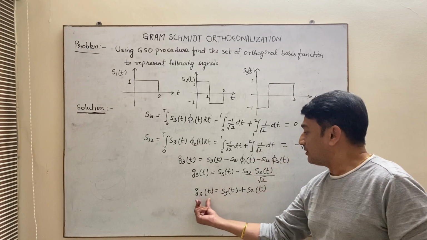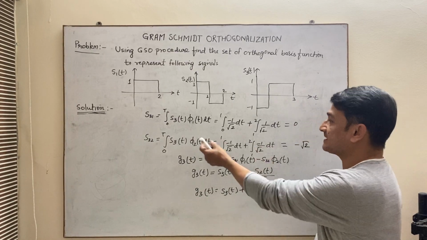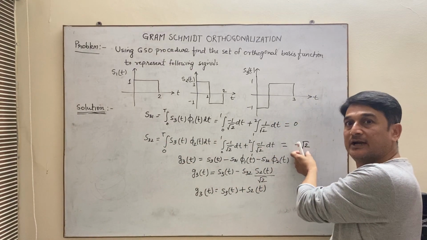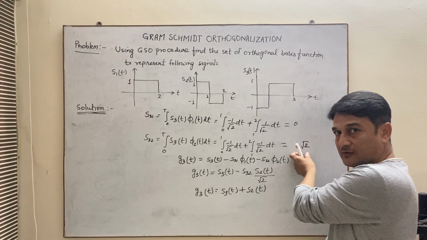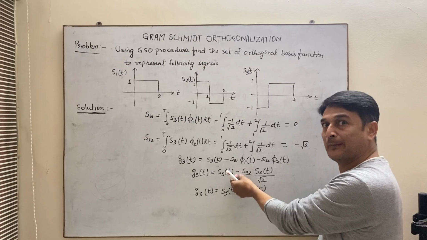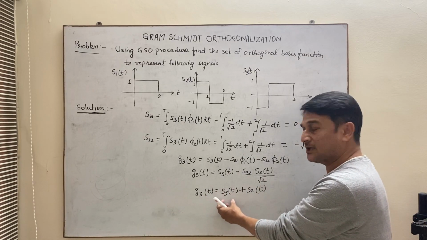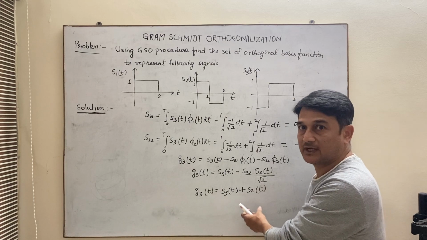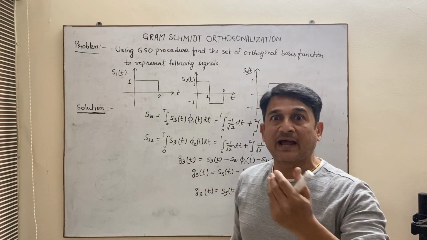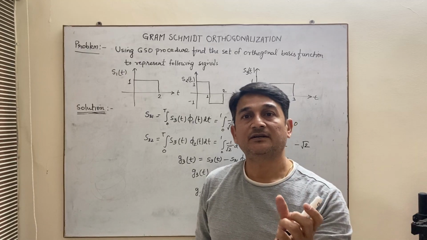So G3(t) will become S3(t) plus S2(t), because S32 we have already calculated as root 2 with a negative sign. So root 2 and root 2 will get cancelled, and minus will become plus. So G3 is nothing but the summation of the functions S3(t) and S2(t).